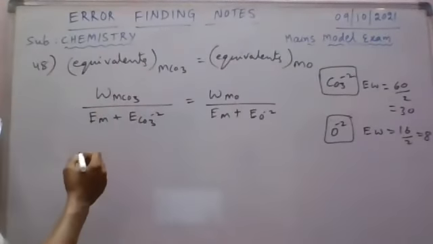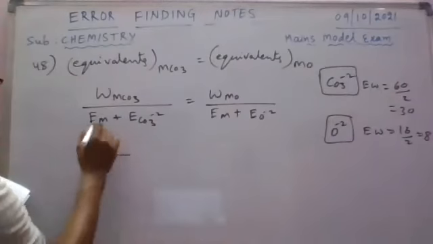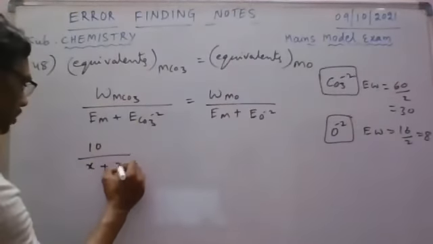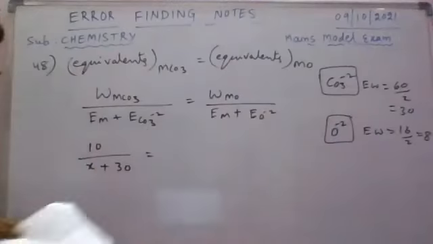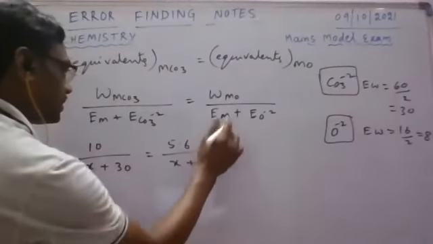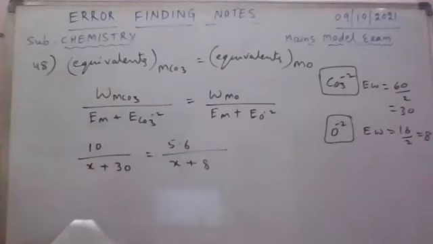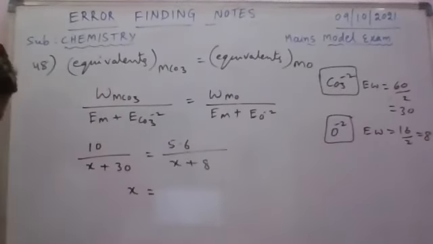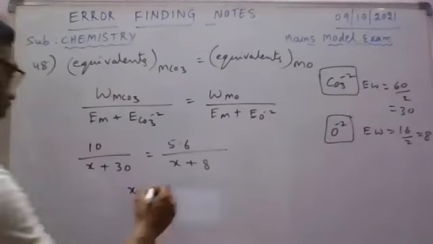Now substitute the data. Here the metal carbonate value is given as 10, equivalent weight of metal X, the CO3 equivalent weight 30. Here the mass of metal oxide is 5.6, plus X, oxide 8. If you simplify this, you get X is equal to 20.